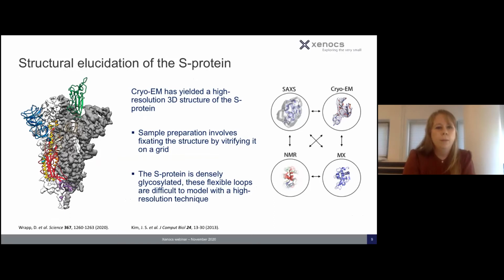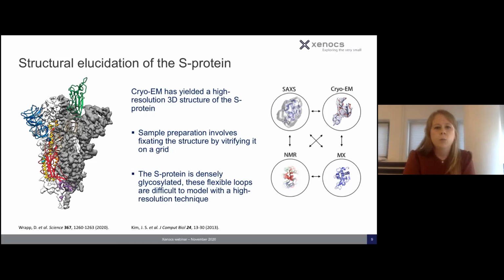First of all, because the sample preparation of cryo-EM involves fixating the structure by basically freezing it onto a grid, this means that you fix the structure in one conformation, and this does not necessarily mean that this is the natural or the active conformation. But SAXS is a solution structure, so you can confirm this with SAXS before you go on to the elaborate refinement of the 3D structure.